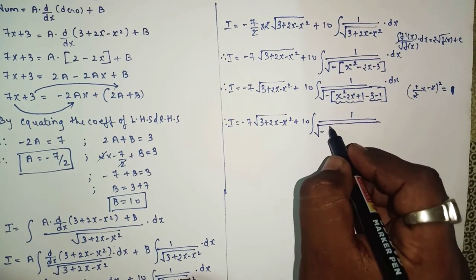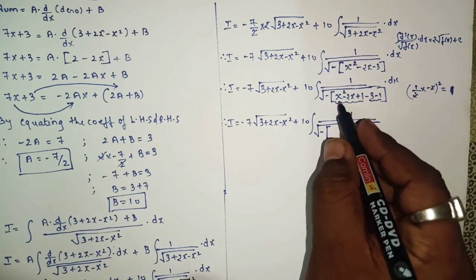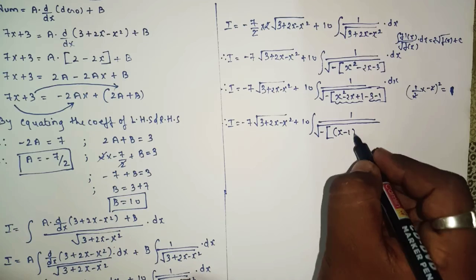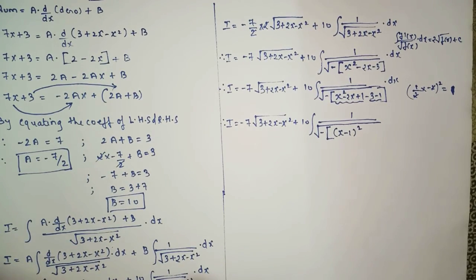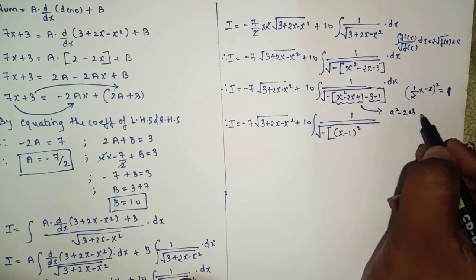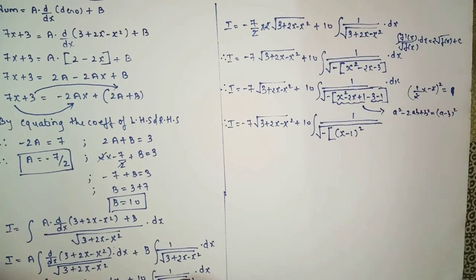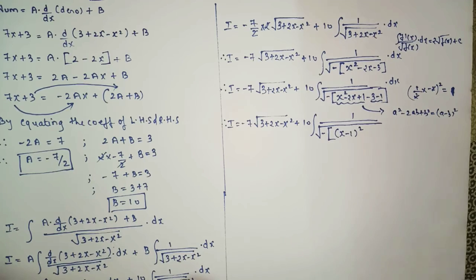So here, this part, when you will see, it looks like x minus 1 the whole square, as it is in the form of a square minus 2ab plus b square. As clearly we can see that it is in the form of a square minus 2ab plus b square, which we can write as a minus b the whole square. Yes or no? So when you will solve this section, you will get this answer.